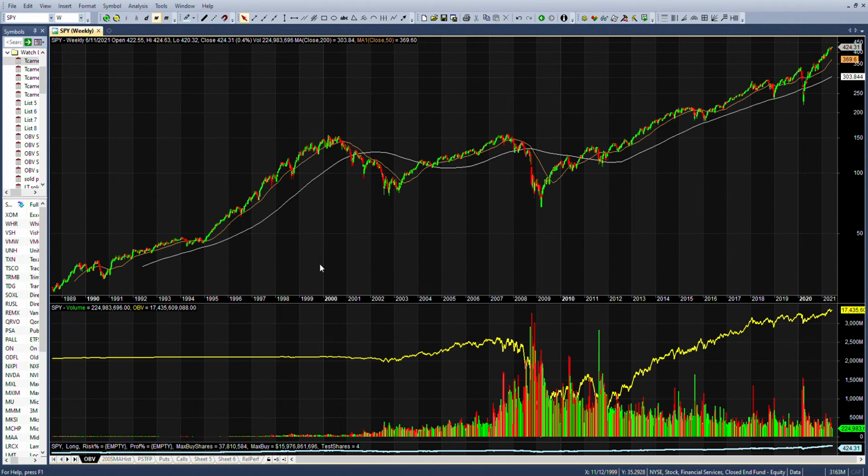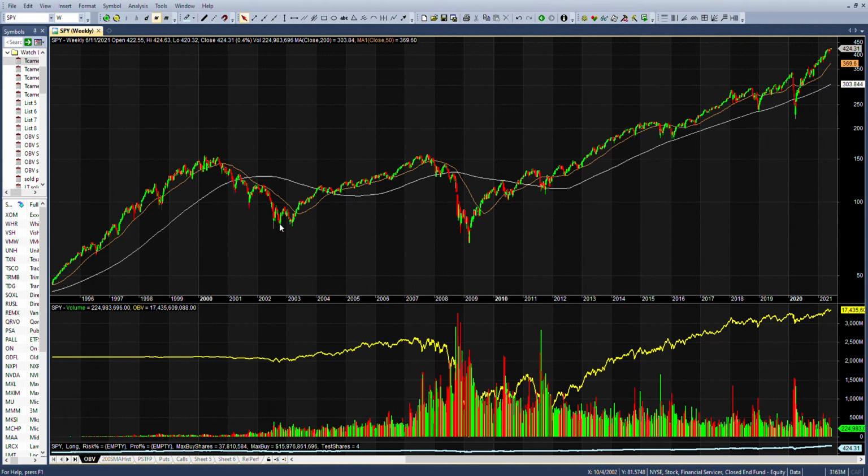You can see the action here, and in 2000 we had the dot-com crash. The movement was more extreme in the Nasdaq. Again, we're looking at the S&P 500. The S&P 500 wasn't as tech heavy as the Nasdaq was, but it still experienced a crash here. So when I'm talking about a trading filter, we're trying to avoid being in the market during these crashes.